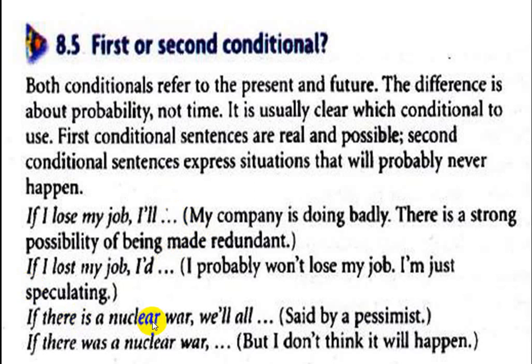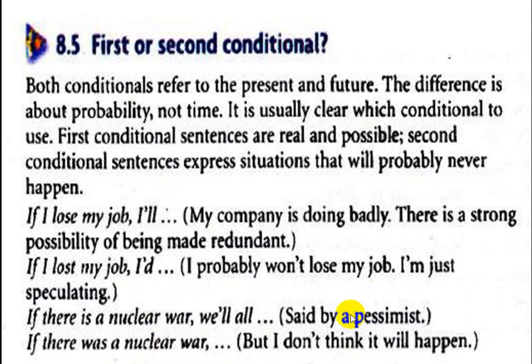If there is a nuclear war, we'll all... said by a pessimist. This sentence was said by a pessimist. If there was a nuclear war... but I don't think it will happen.